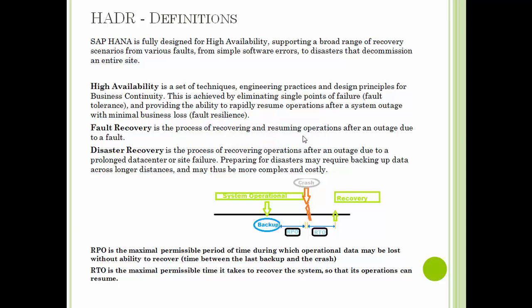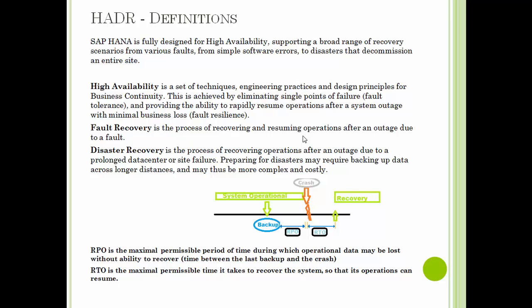It's a part of disaster recovery. So here host auto failover is normally regarded as an alternative measure to the system replication for fault recovery solution. Here, one or more standby hosts are added to the SAP HANA system and configured to work in standby mode.